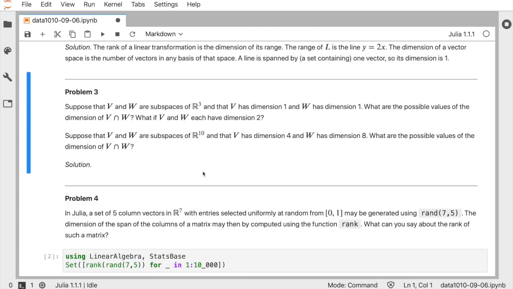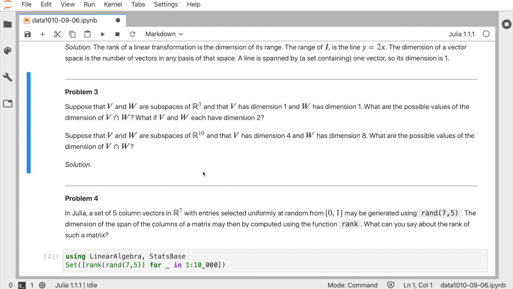In this problem, we're going to explore what happens when we intersect 2 vector spaces in Rn. So for example, in R3, which we can visualize, suppose you have 2 lines through the origin, v and w, so 2 one-dimensional vector spaces. Typically, those 2 lines would intersect only at the origin, and so you can certainly have a dimension of 0 for the intersection.